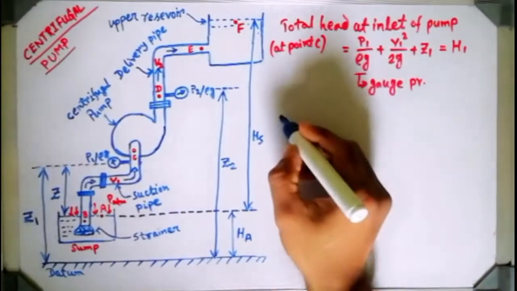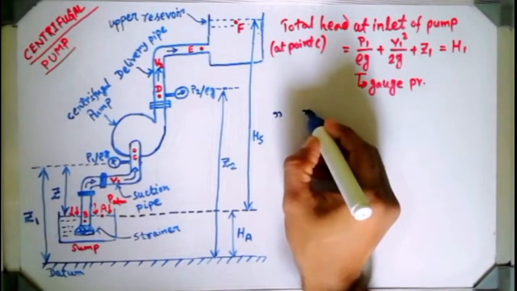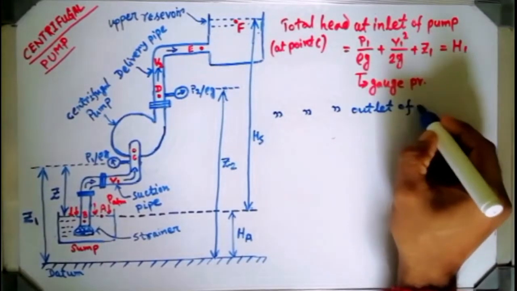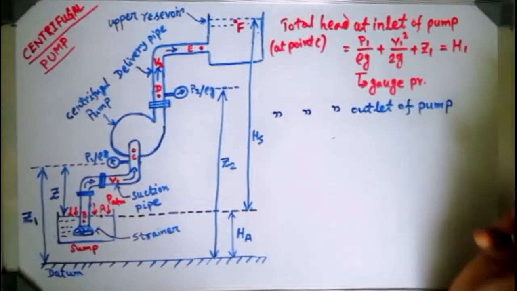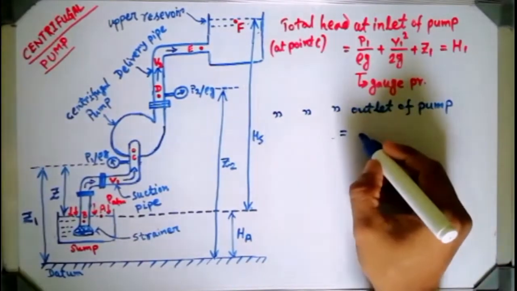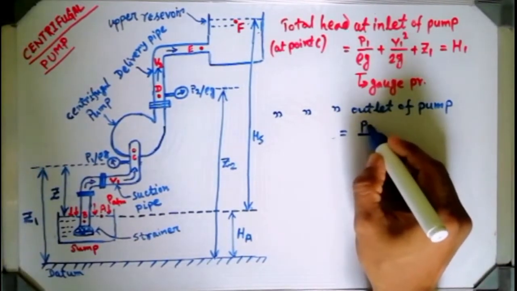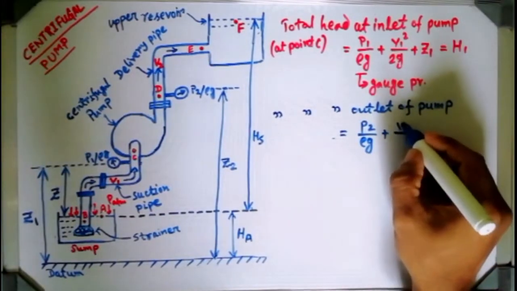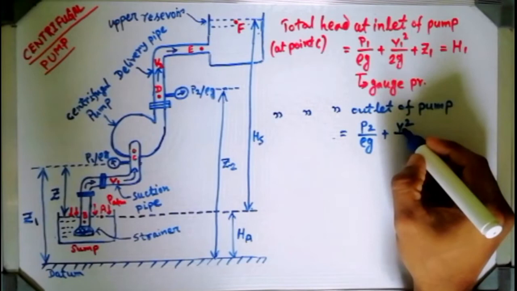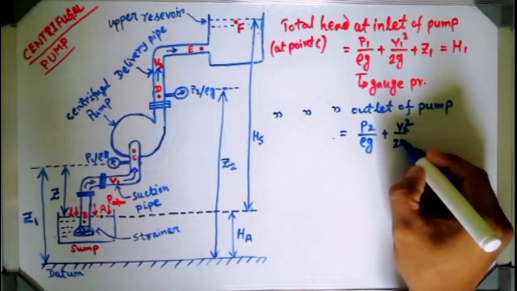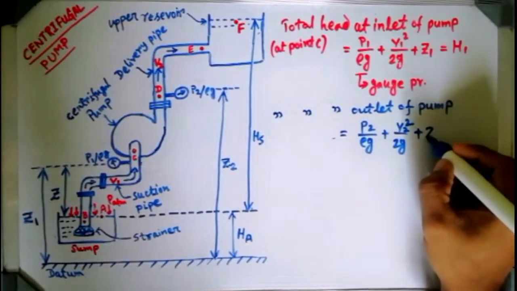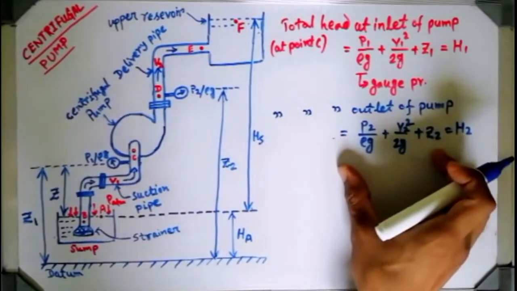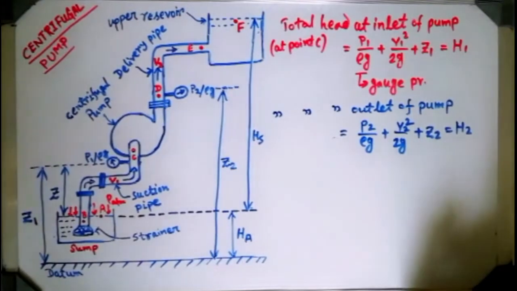Similarly, I can write the same thing, total head at outlet of pump, in the same manner: P2 by rho g, that is the pressure gauge reading at the outlet side, then V2 square by 2g, velocity at the delivery pipe, plus Z2. That is H2. I am representing the total head by H2. It is a symbol, nothing else.